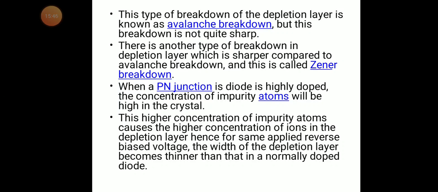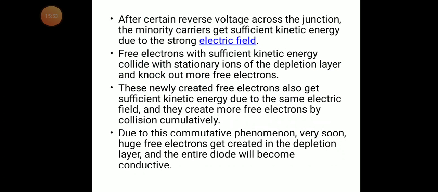Like this, the high concentration of impurity atoms causes this cumulative phenomenon of generating free electrons and colliding with the ions and generating free electrons. Very soon, huge numbers of free electrons get created in the depletion layer.